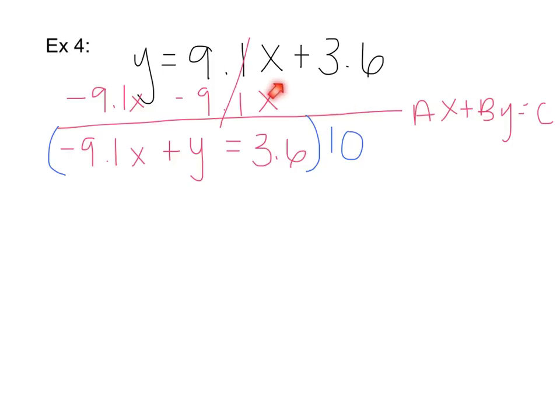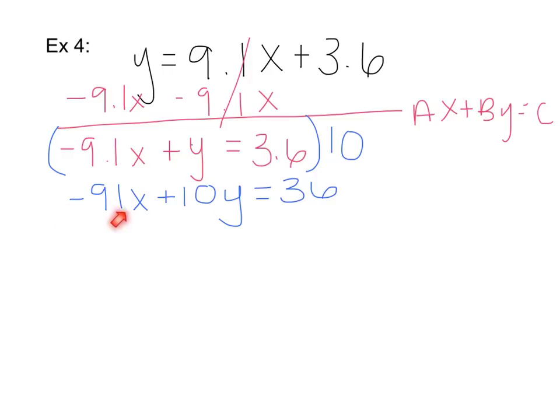So 10 times -9.1 gives me -91x. 10 times y gives me 10y. And 10 times 3.6 gives me 36. Look, now I have all whole numbers.